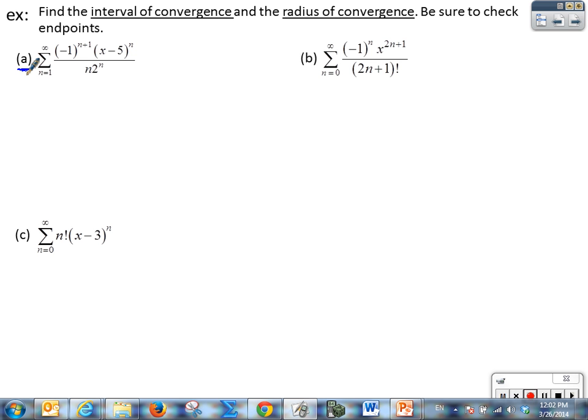All right, now one thing is good, and that is to do this, we're going to use one test, the ratio test, period. Just write that down. We're using the ratio test to test convergence. We're not picking and choosing different tests. It is the ratio test, period. Now, when we start checking endpoints, we will have to pull from our knowledge of the last unit and use different tests from the last unit.